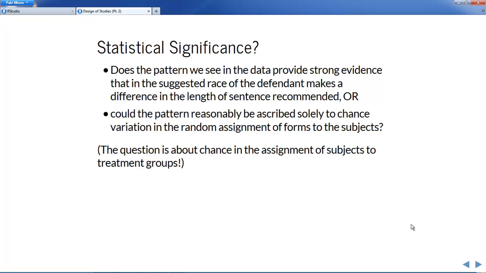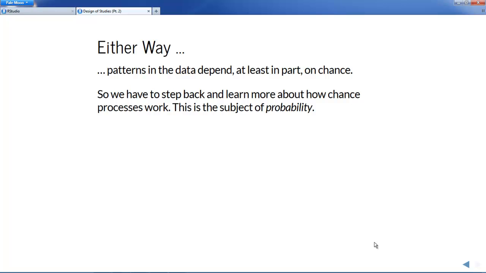So for example, in this case, is the difference that we see between the average sentences due to the fact that Georgetown College students in the study were inclined to give a little bit longer sentences to a black defendant? Or could it just be that by chance, people who were harder on crime in general just happened to be given forms where there was a black defendant named in the form? Either way, patterns in the data depend at least in part on chance.